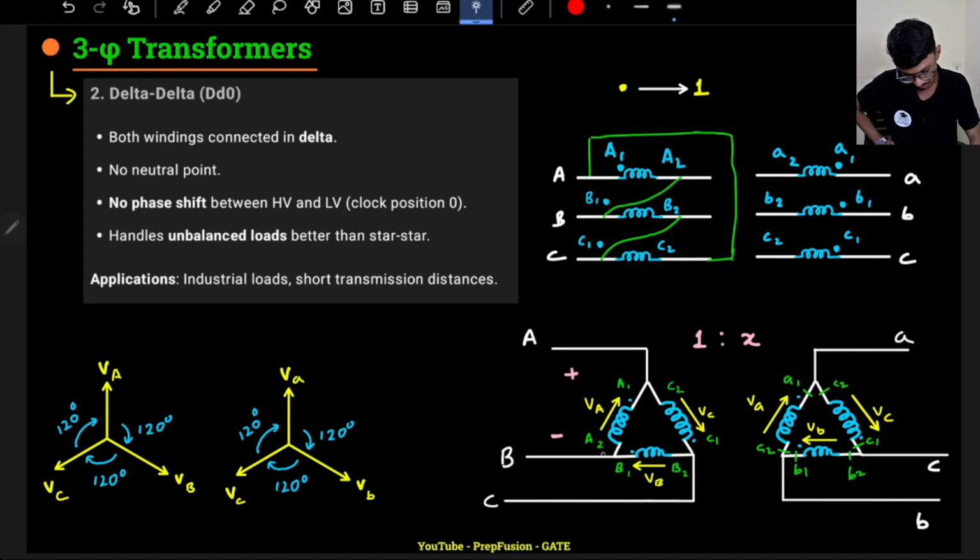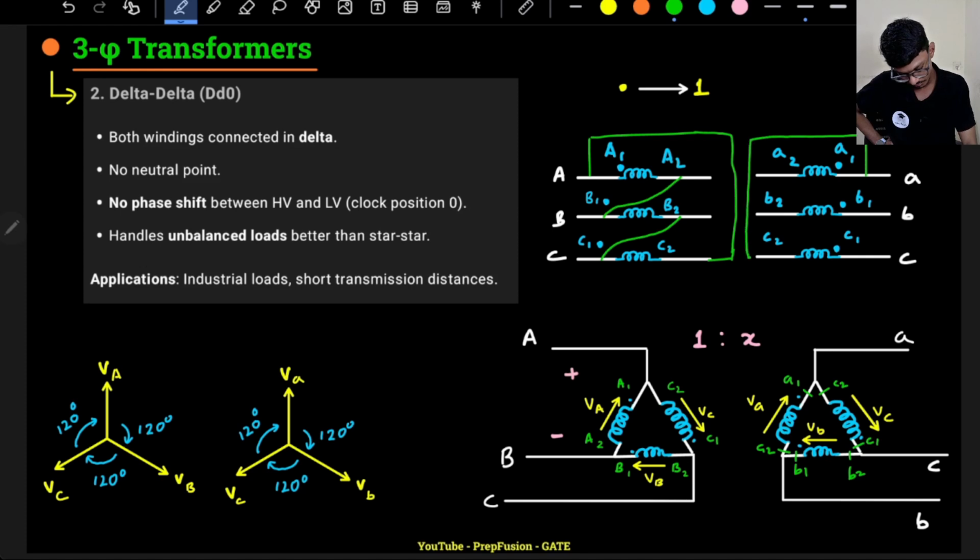If I see B1 is connected to A2, same here as well. My A1 is connected to C2, so A1 is connected to C2. B2 is connected to C1, so B2 will be connected to C1.